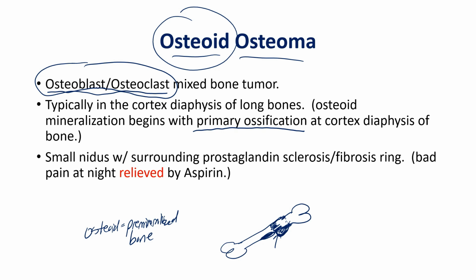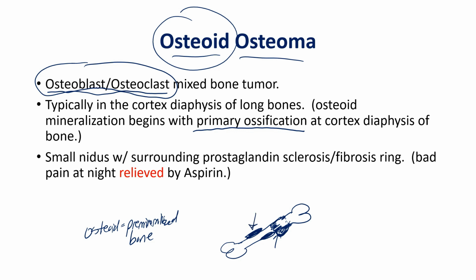The bone is initially built from the outside. Now, I know there's more to it, and there's a lot of complex steps of endochondral ossification and all the different types of other ossification. It's all really confusing, but just know in this particular example, in long bones, the ossification primarily starts from the outside. Okay, so that should help you remember.